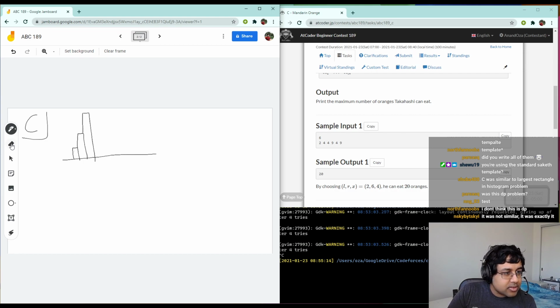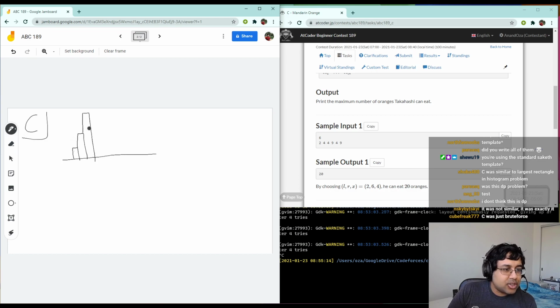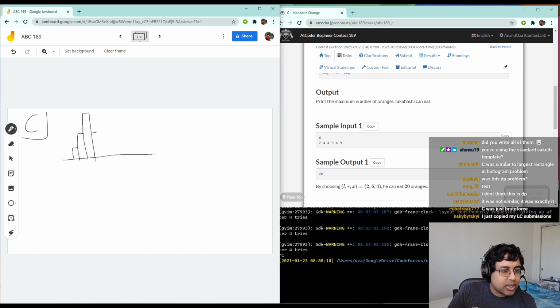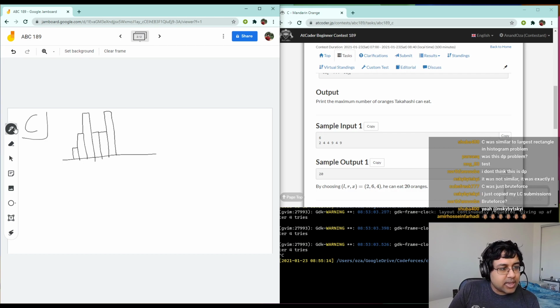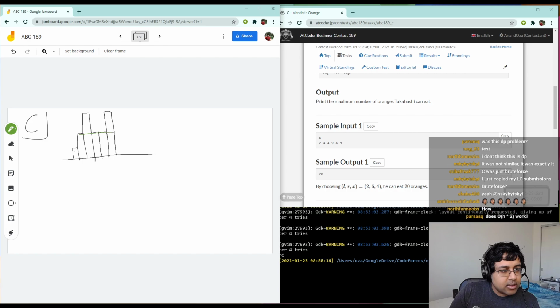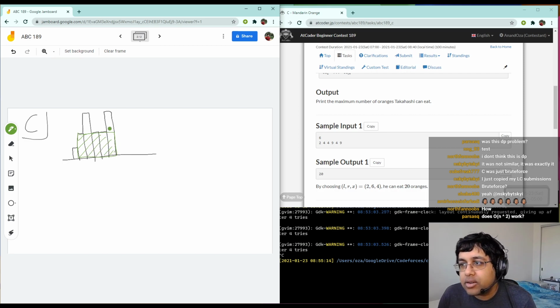Anyway, I'll just draw one that's similar but not identical. If you imagine these being heights, what you want to do is take a rectangle that's entirely contained within this, and you want to find the area of this rectangle.